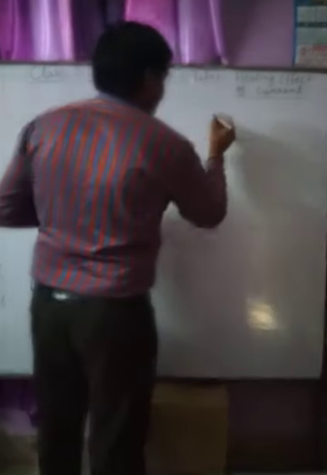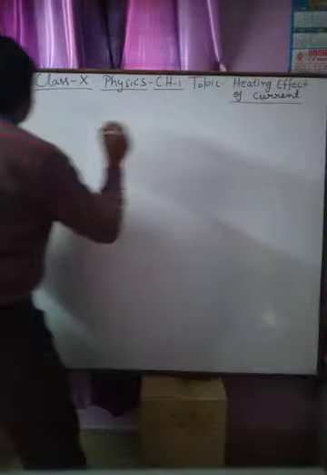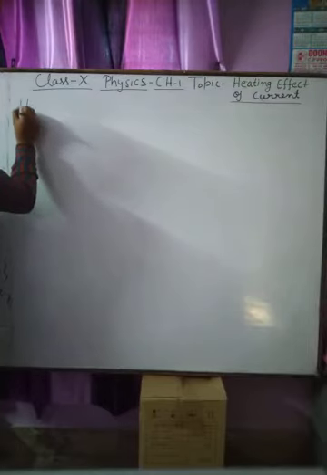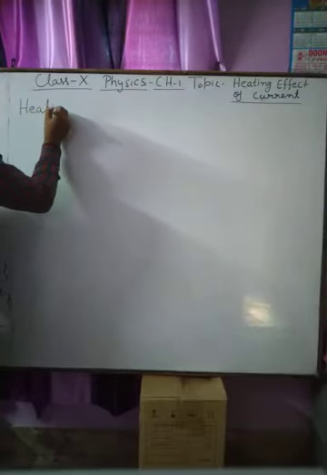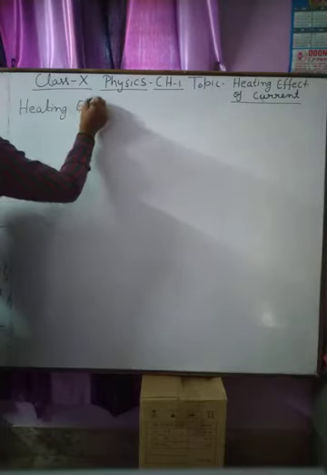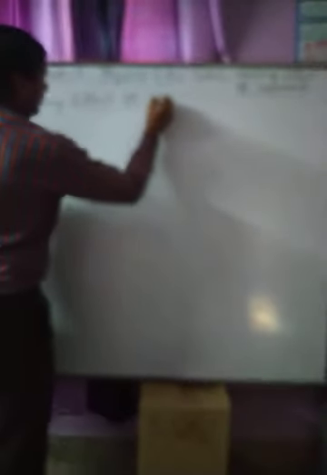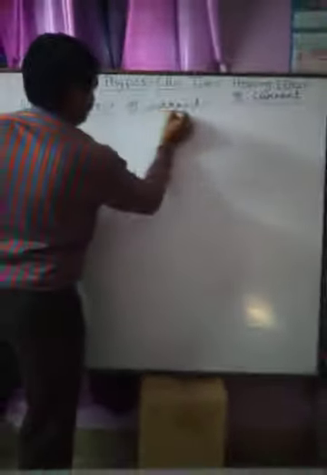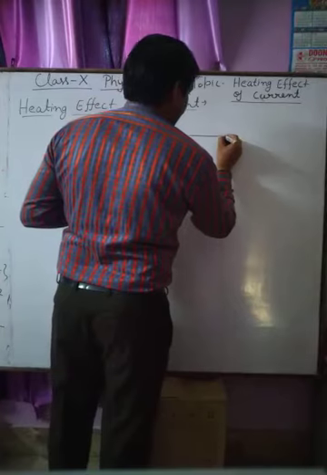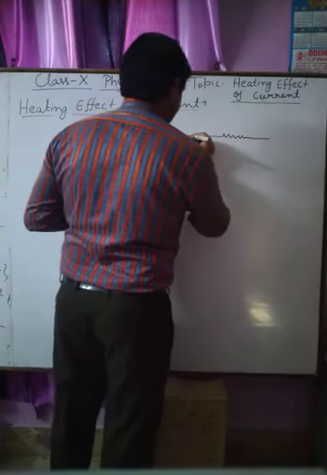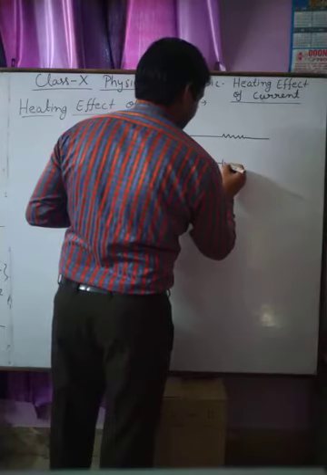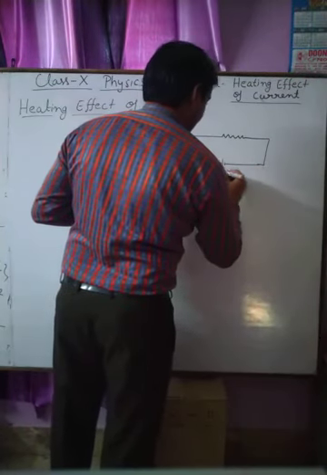Suppose we have a simple circuit, the topic is heating effect of current, having a resistor connected with a source of potential difference V volt.